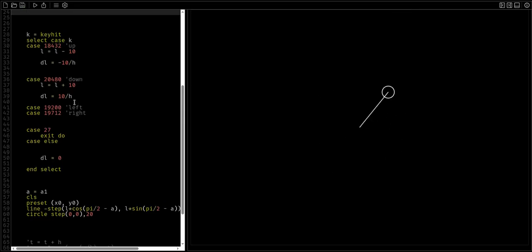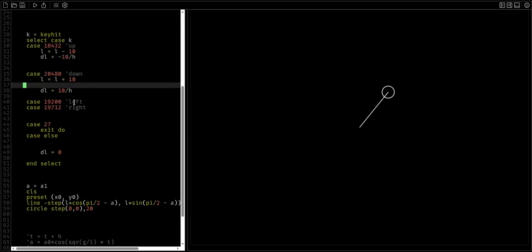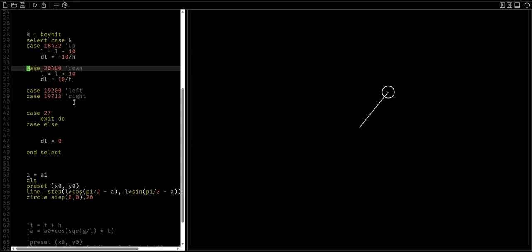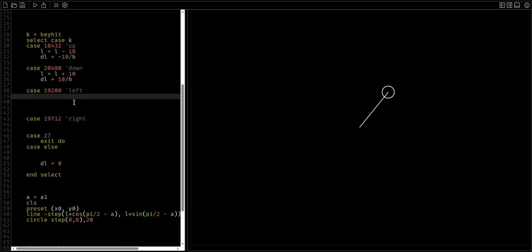So yeah, that's that. So that covers the up and down arrow keys. But we also happen to have left and right. So with left and right, I think it would be sensible to make them such that they simply increase velocity or acceleration.